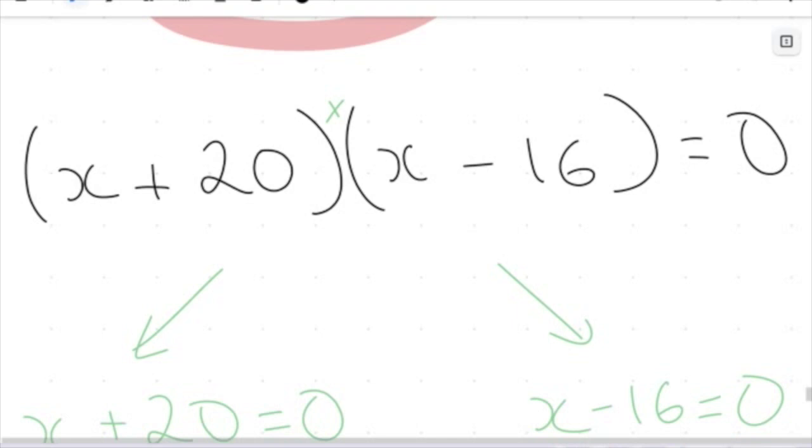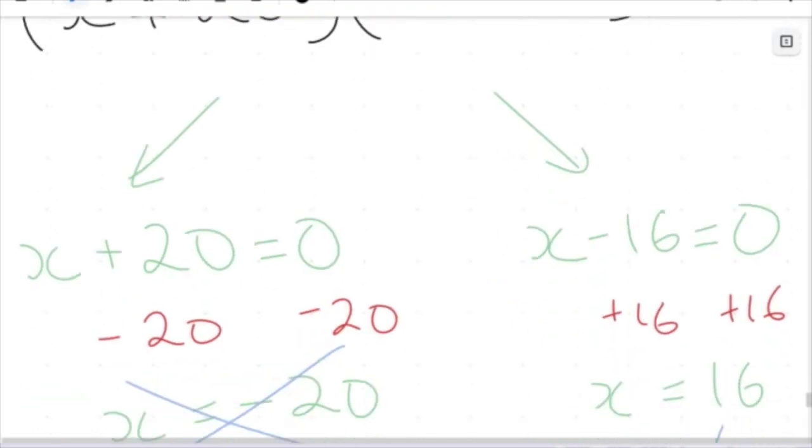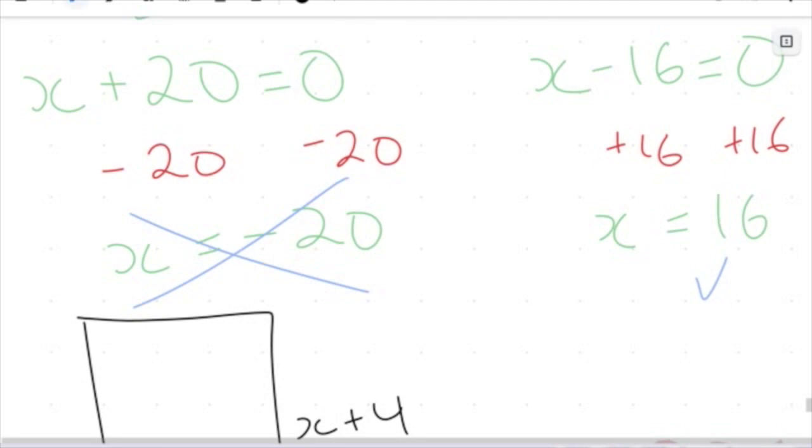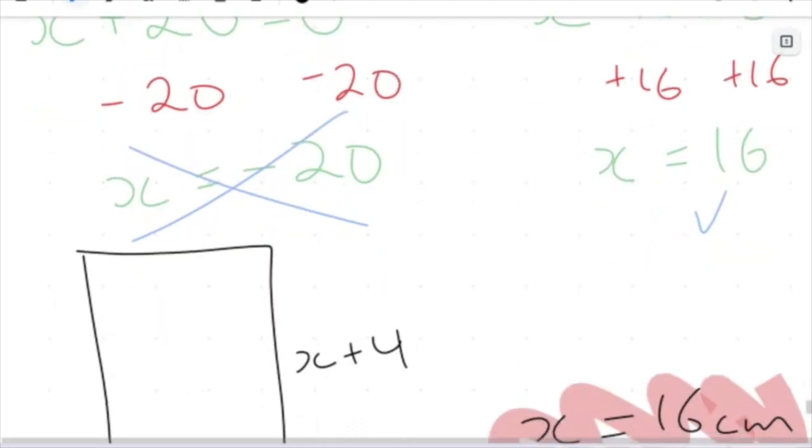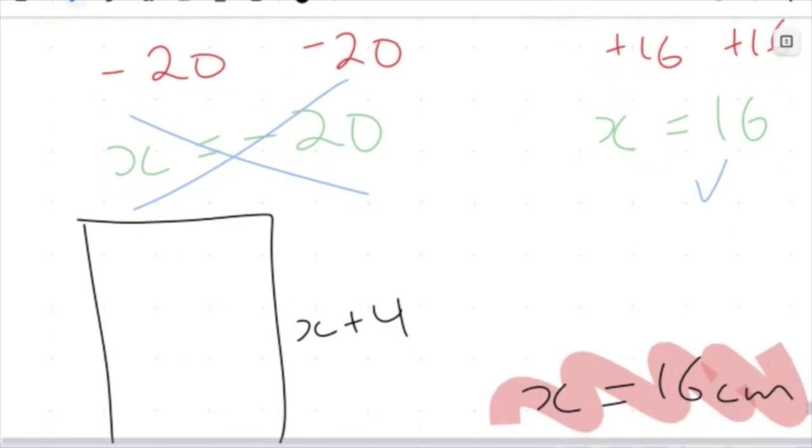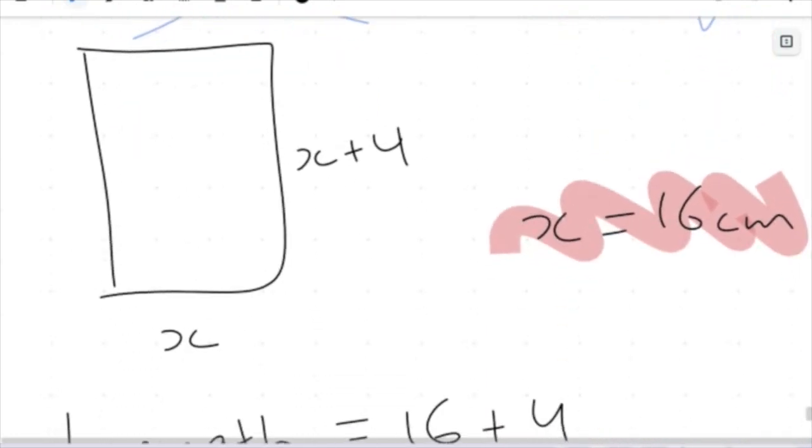Now the only difference here is one of the solutions will not make sense to the context of our question. We can't have negative lengths, we can't have negative widths, so we pick the positive solution to the equation. A value of x that makes up the dimensions that multiply together to give me the area of 320 of this book face.